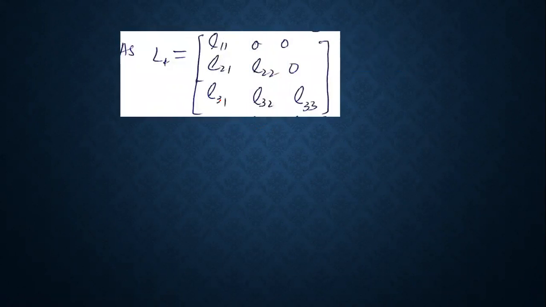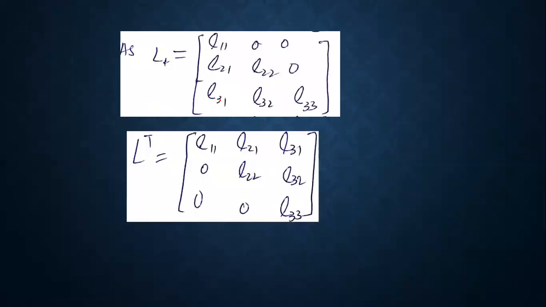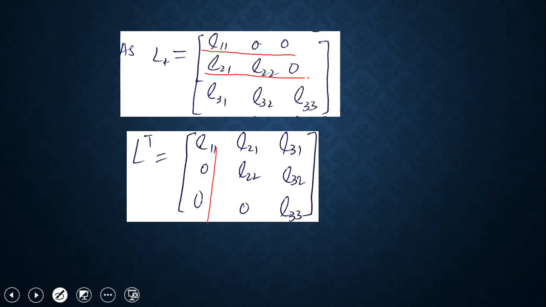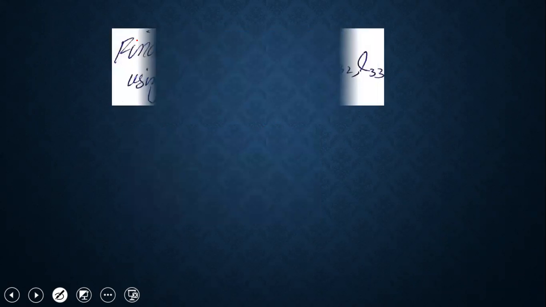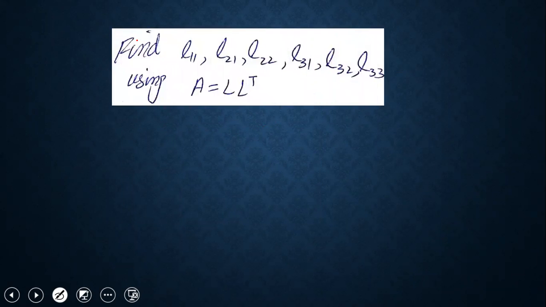So if you are having L with L11, 0, 0, the lower triangular matrix, its transpose will be of the form: just convert this row into column, this row into column, this row into column. So now this is the transpose of this L matrix. Finding L11, L21, L22, L31, L32, and L33.